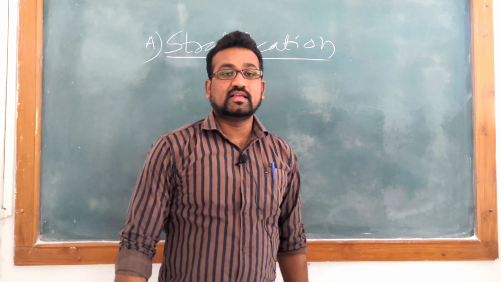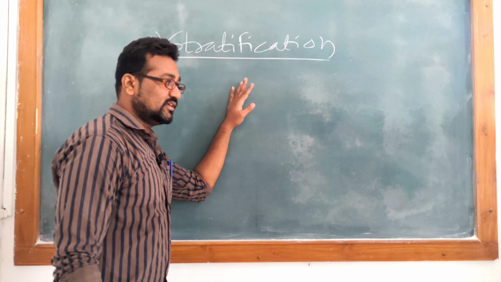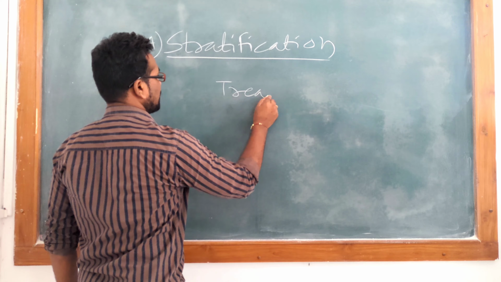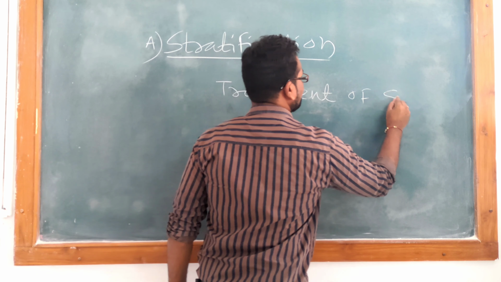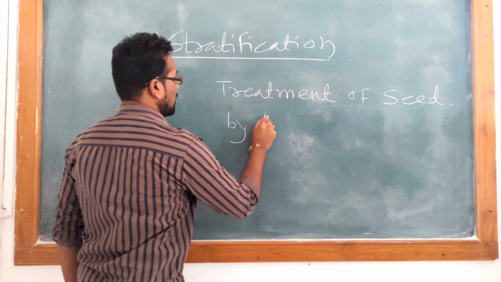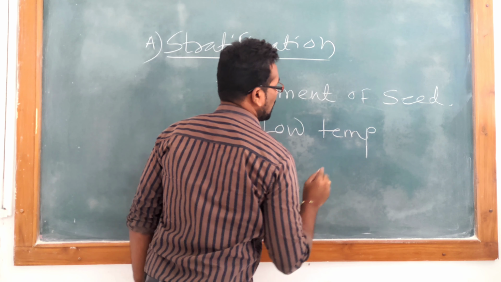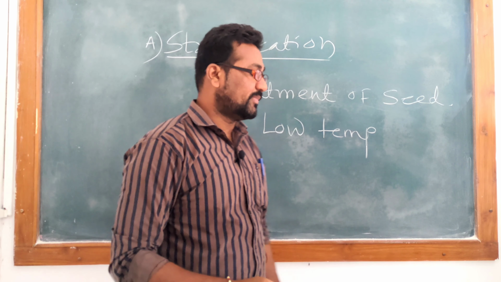The point I have written is the stratification method. This is the method in which you are treating the seed by low temperature. Which is the range of low temperature?